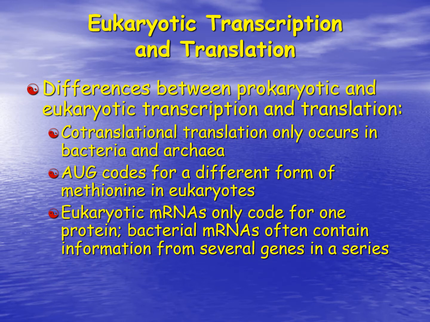And eukaryotic messenger RNAs only code for one protein. So each mRNA, one protein. Whereas in bacteria, because of something known as operons, bacterial messenger RNAs often contain information for several genes located within a series on one messenger RNA.